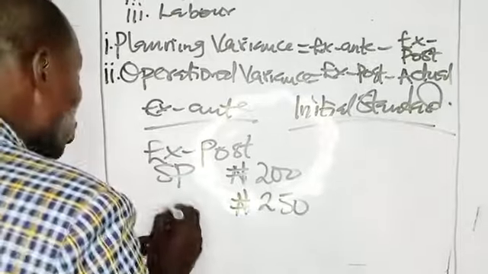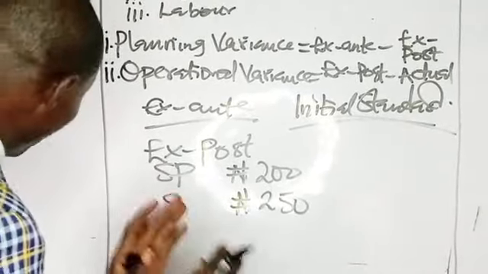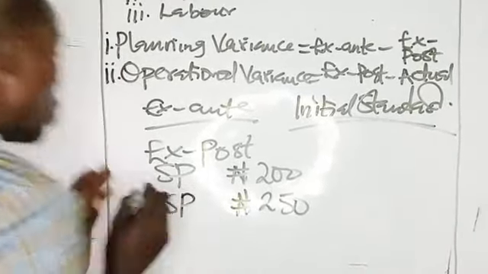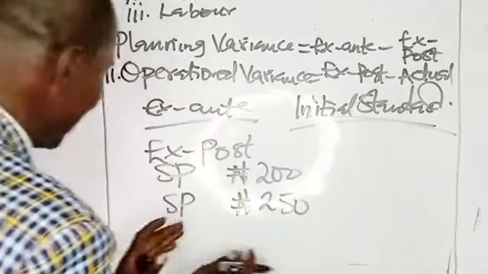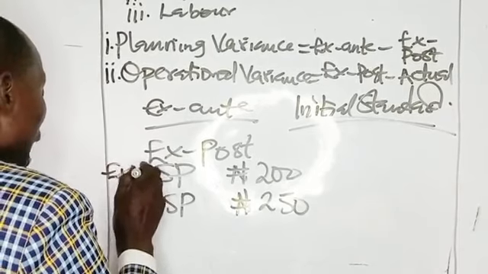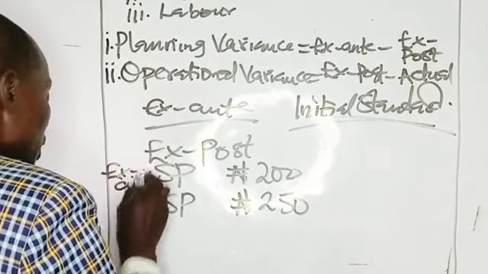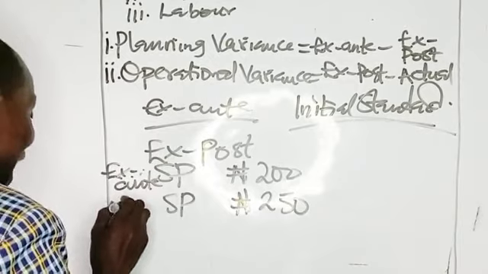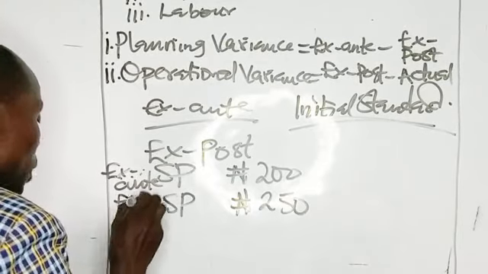You have not gone to the market to make the purchase, so you also alter your standard. This first standard is ex ante, while this latter standard is ex post.